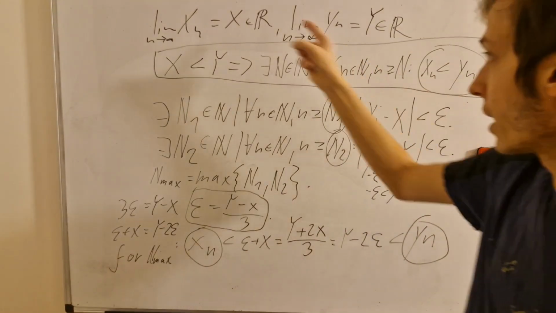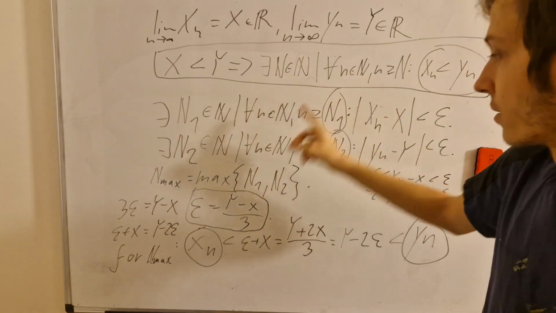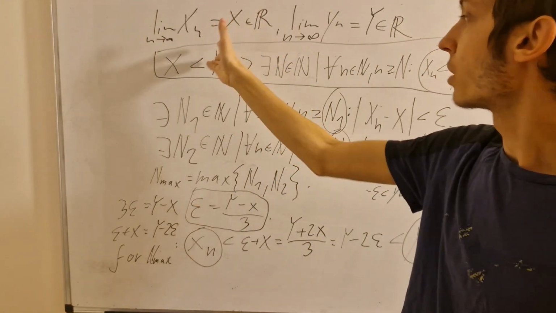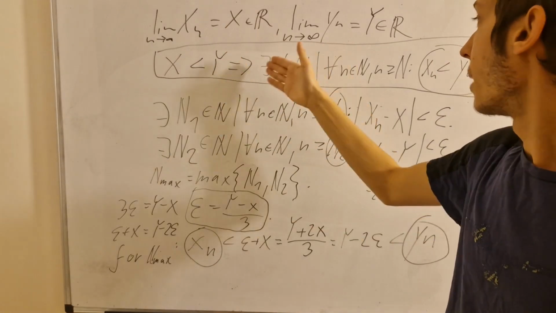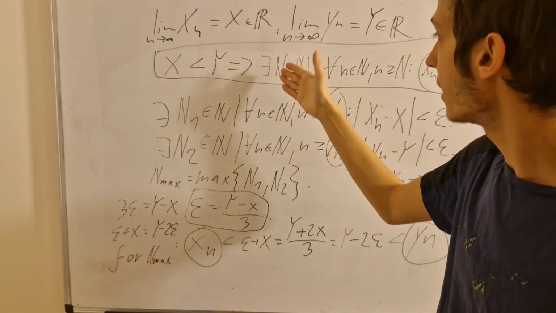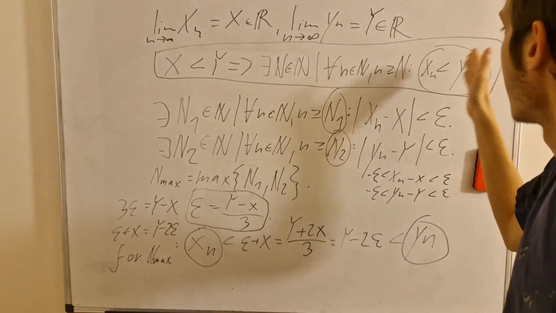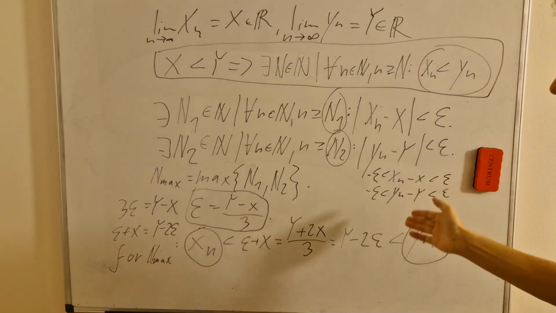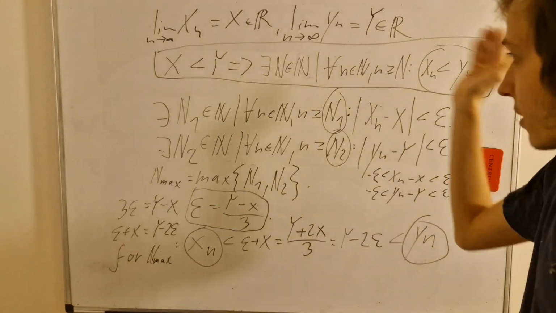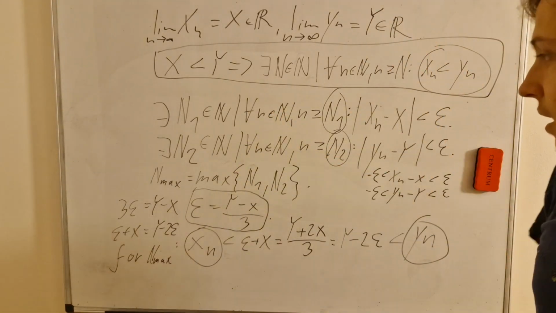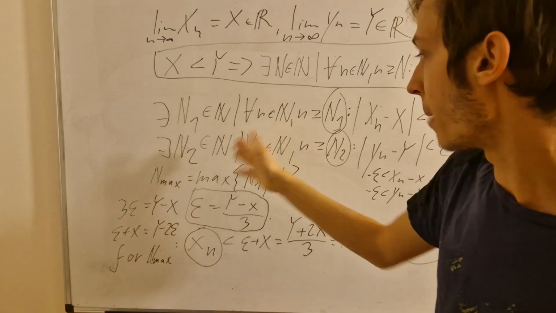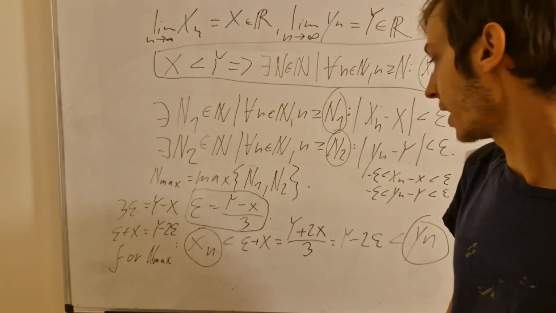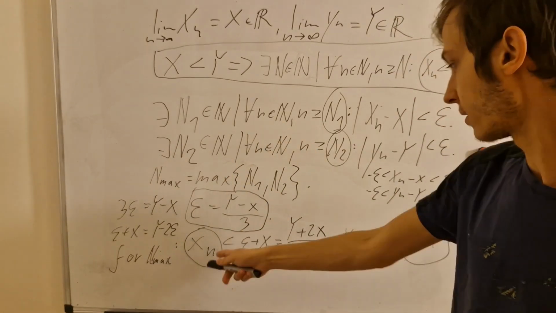So we basically set epsilon equal to something concrete, and we proved that if X is strictly smaller than Y, then there will be some natural number N beyond which x_n is strictly smaller than y_n. We found that natural number input by choosing the max of N1 and N2, and then we wrote out this inequality chain expression, and we got x_n strictly smaller than y_n.